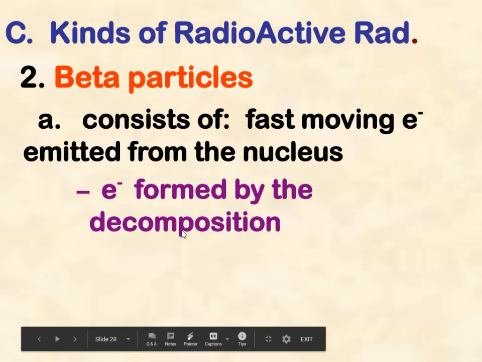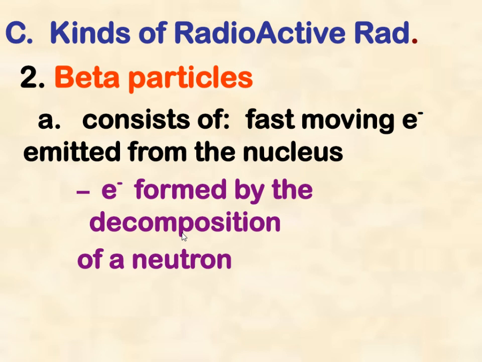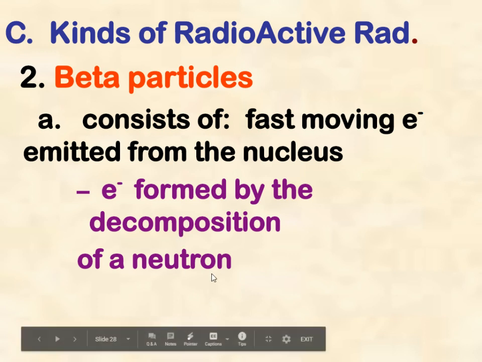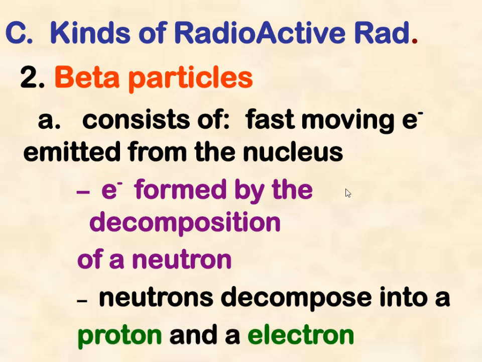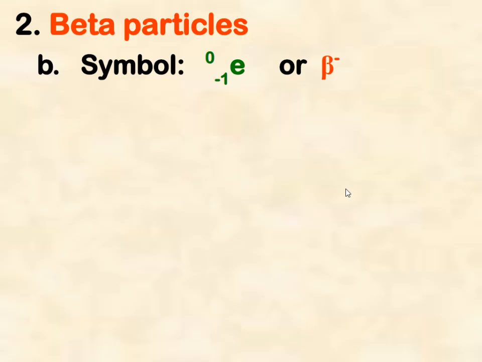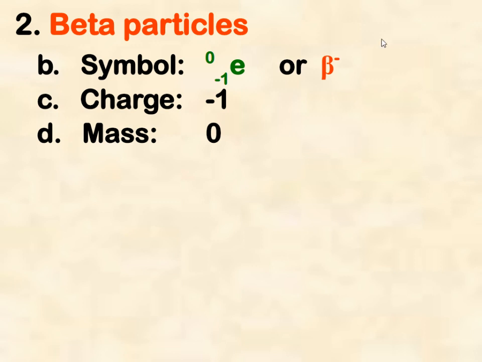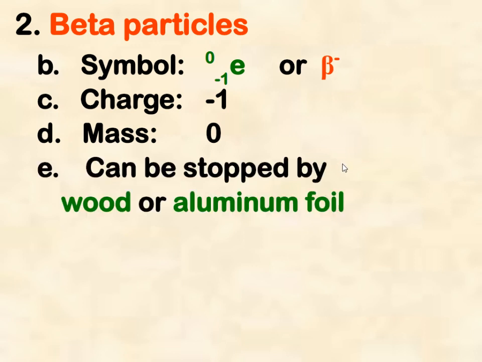All right, so beta. Beta particles are fast-moving electrons emitted from the nucleus. This is the decomposition of a neutron, which decomposes into a proton and an electron. So our electron is moved off, or we have our beta particle. The charge is negative. There is no mass.